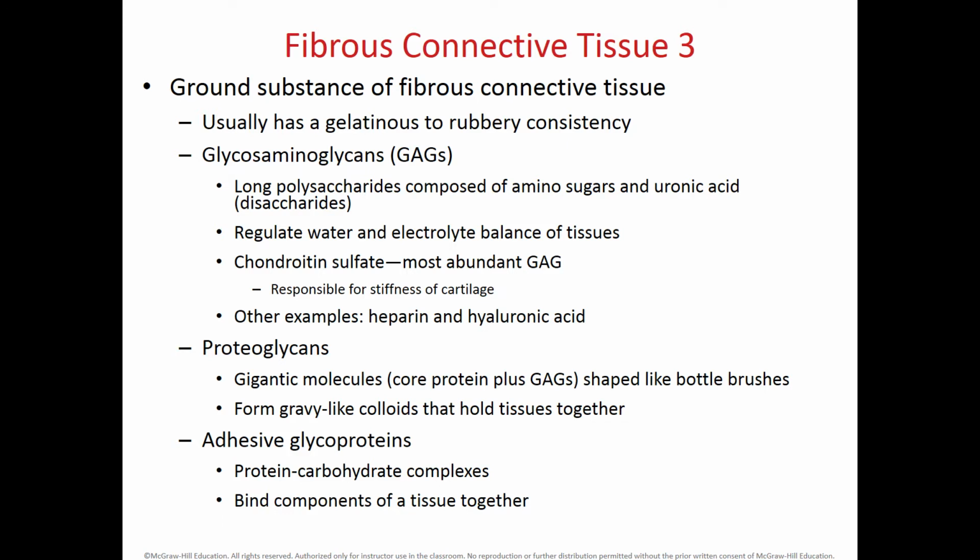Now, proteoglycans are another part of the substance of the fibrous connective tissue. In this case, we have gigantic molecules that have a core of protein and also have glycosaminoglycans that form a shape like a bottle brush, and they form gravy-like colloids that hold the tissues together.